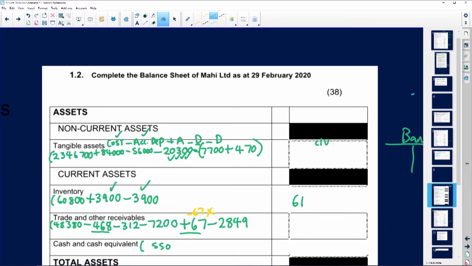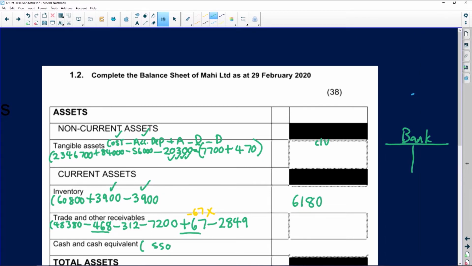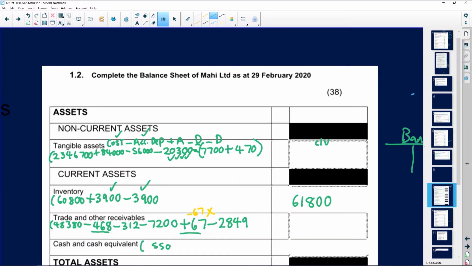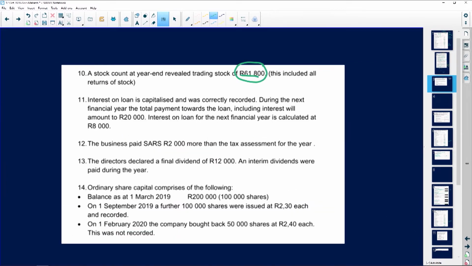Okay, so 61,800 is our inventory amount. And as you can see, I'm not really showing whether there's a trading stock surplus or a deficit because I'm not required to do the income statement. Okay, so adjustment number 10 should have been quite simple, quite straightforward. Let's now move on to adjustment 11.